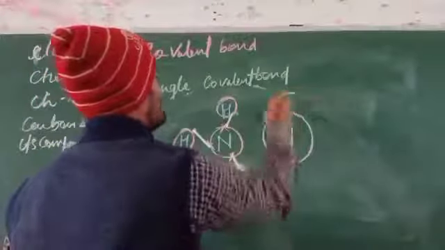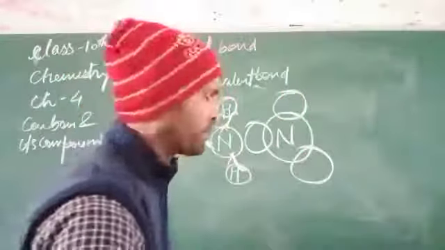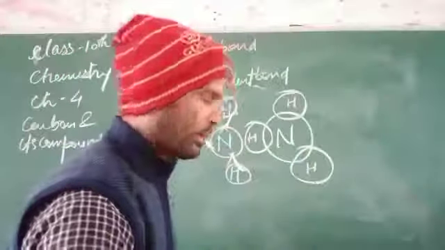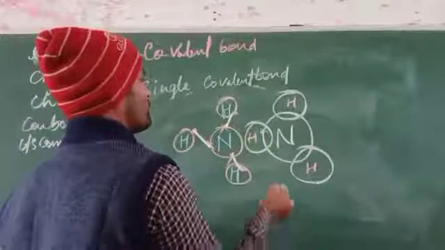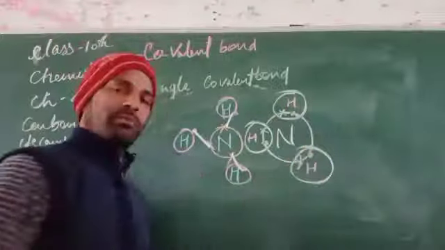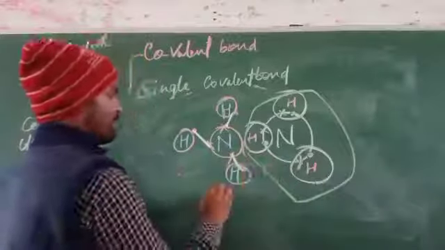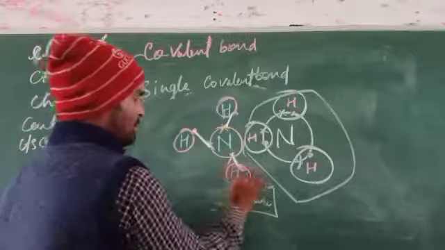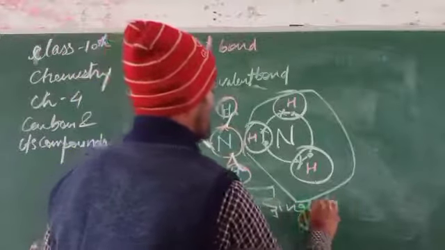Here is 1, 2, 3, that is hydrogen, hydrogen, hydrogen. And here we can write 1 from nitrogen, 1 from hydrogen, 1 from nitrogen, 1 from hydrogen, 1 from nitrogen, 1 from hydrogen. So there are 3 pairs, that is 3 single covalent bonds.